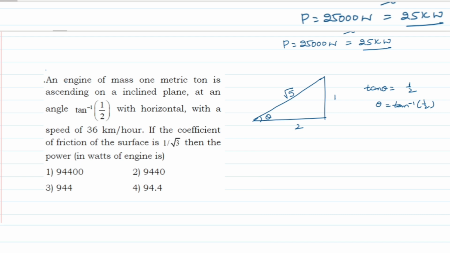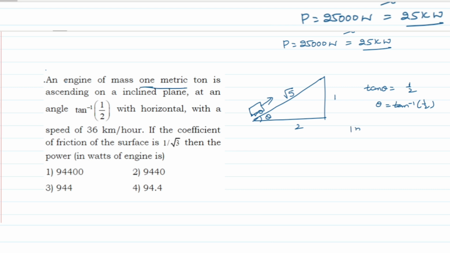Here an engine of mass 1 metric ton is given, and it is going to be moving. Remember students, 1 metric ton equals 1000 kg.